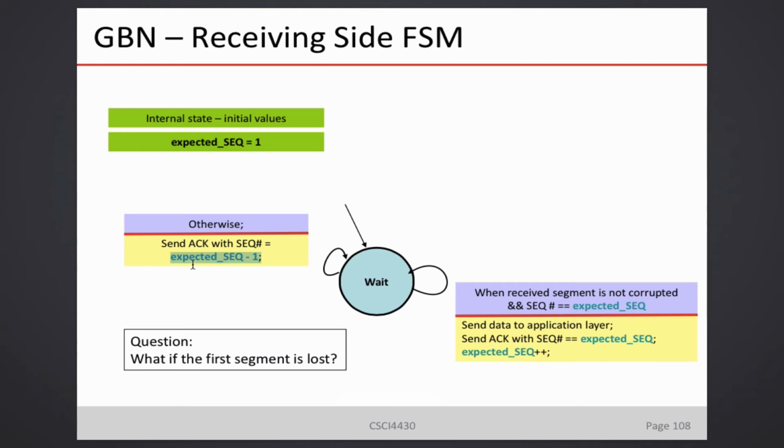What should the receiver side respond? The receiver expects 1. No, it's not 1, it's 2. So I send 0. Okay? So this is a small bug. The small bug means 0 is not a proper data, right? No data carries sequence number 0. But I kind of abuse it.